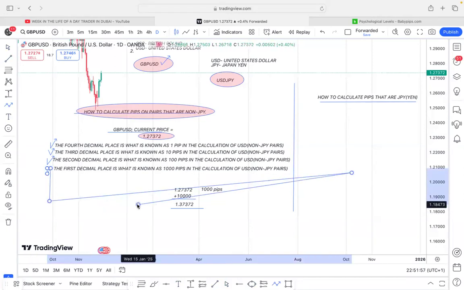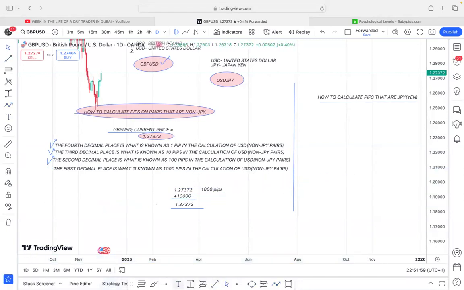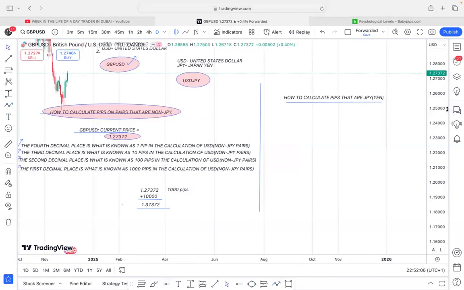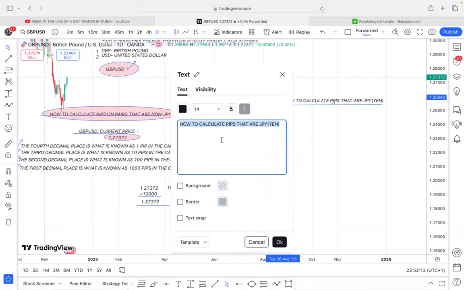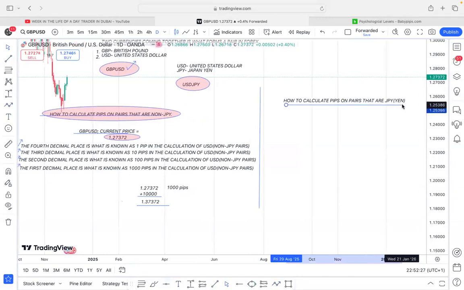So now let me talk about the calculation of pips on the pairs that have JPY as their currency. You understand?